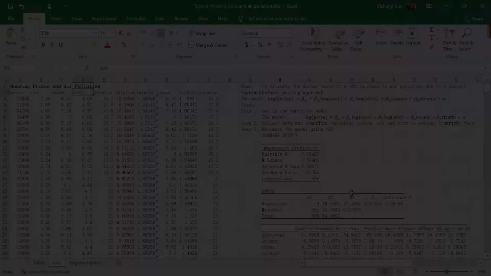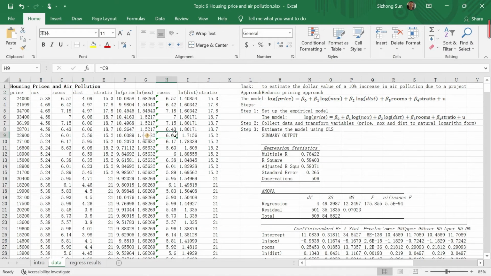Okay, let me use an example in Excel. Suppose our task is to estimate the dollar value of a 10% increase in air pollution due to a project we want to assess. We can use this hedonic pricing approach.